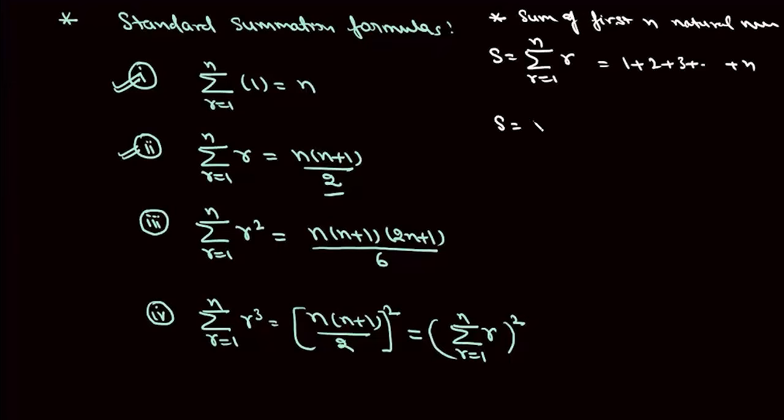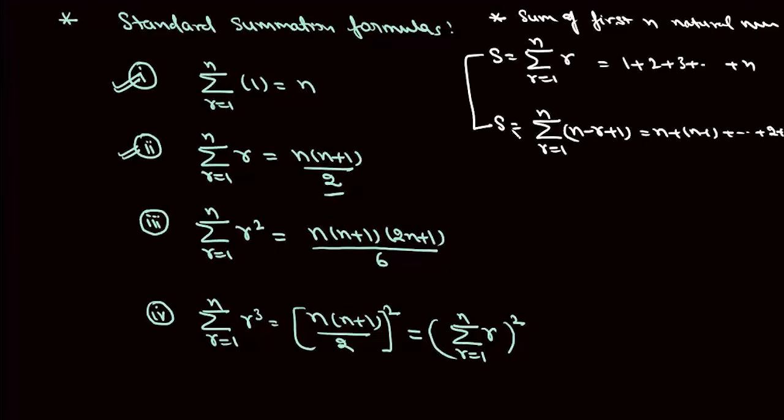Now we can write this sum in reverse also. So when r varies from 1 to n, we'll replace r with n minus r plus 1. So when r is 1, it will be n and then n minus 1, and we'll continue up to 2 plus 1.